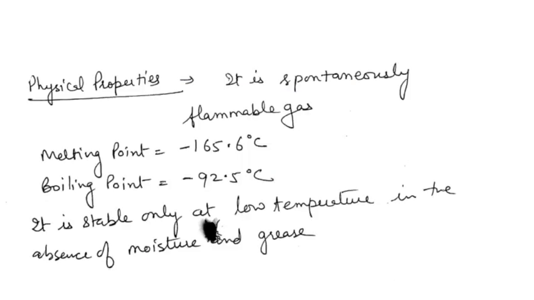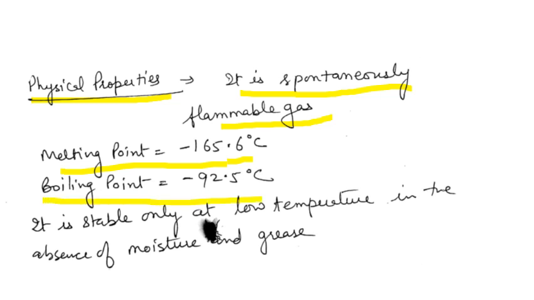Let's see the physical properties of diborane. As it comes in the category of lighter boranes, it reacts with air spontaneously. It is a spontaneously flammable gas, so it reacts very easily and is highly reactive. Its melting point is minus 165.6 degrees centigrade.